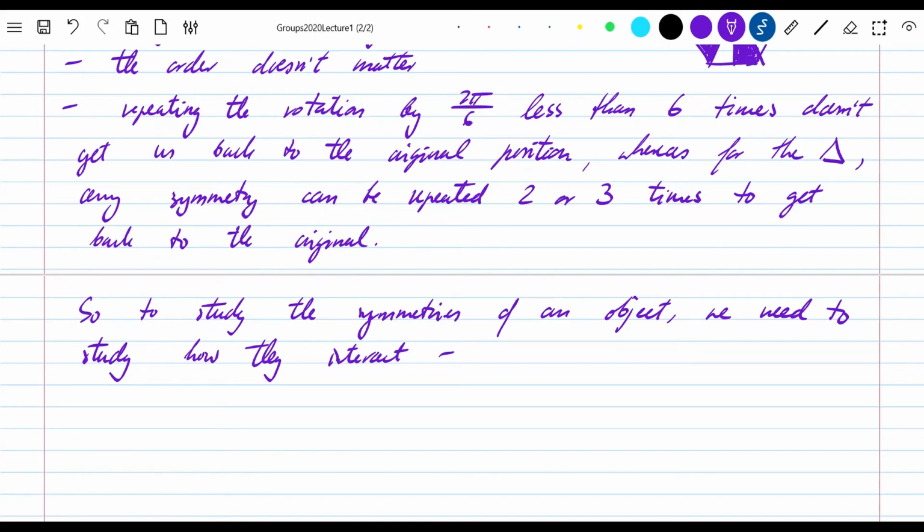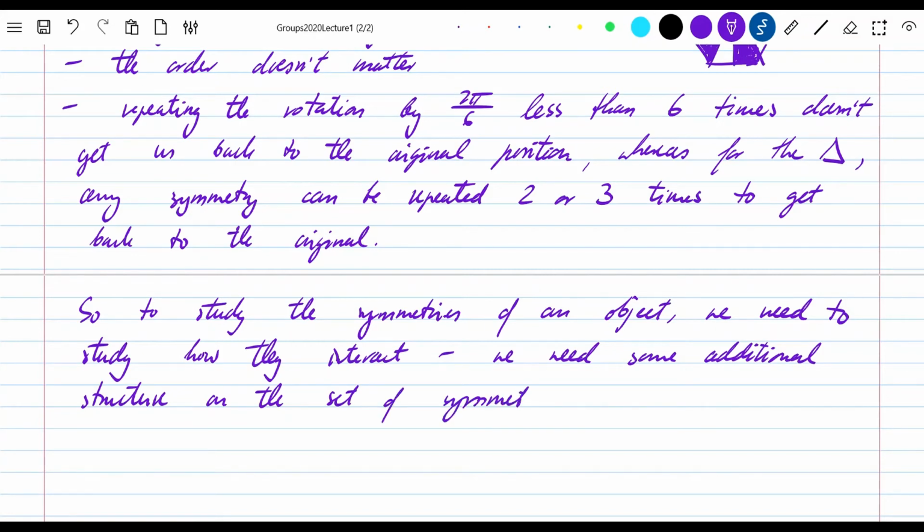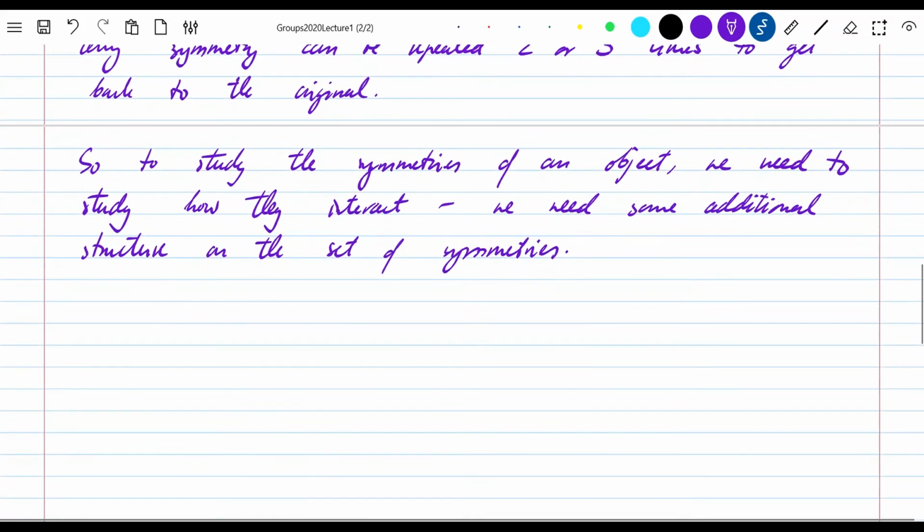So we actually need some additional structure on the set of symmetries. And that's exactly where groups come in.